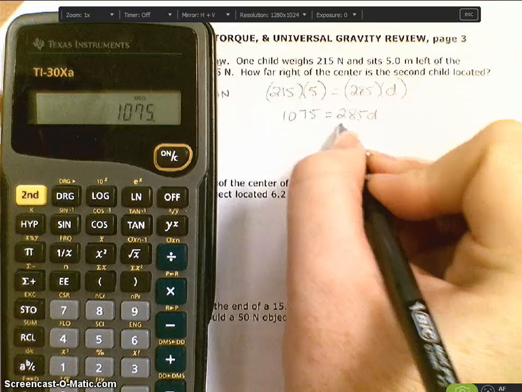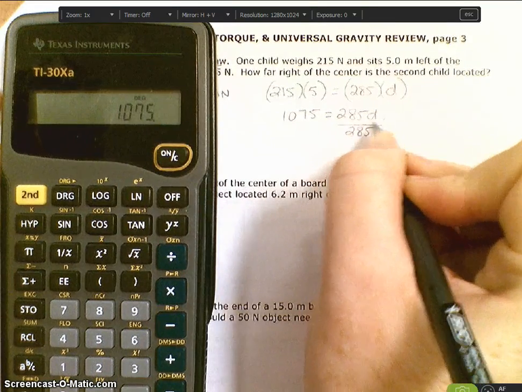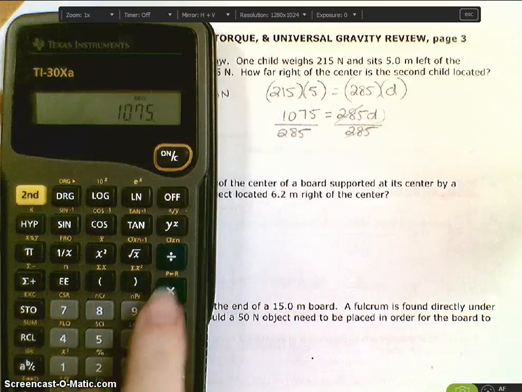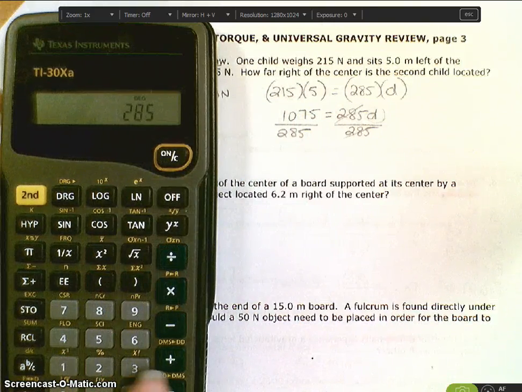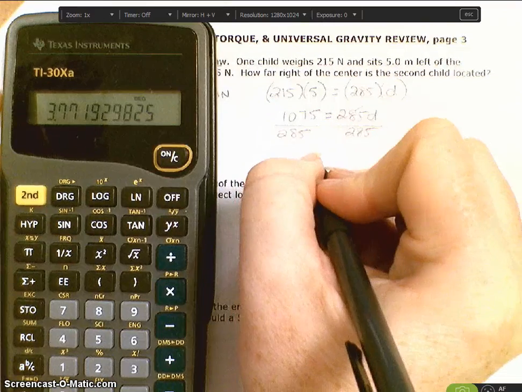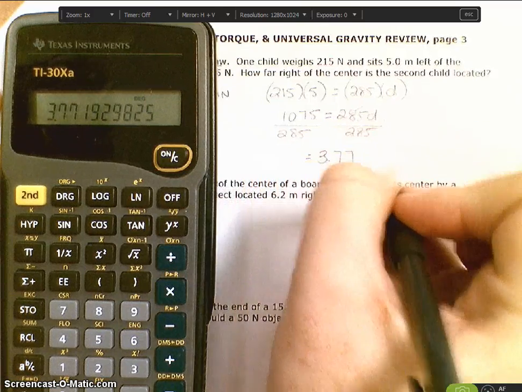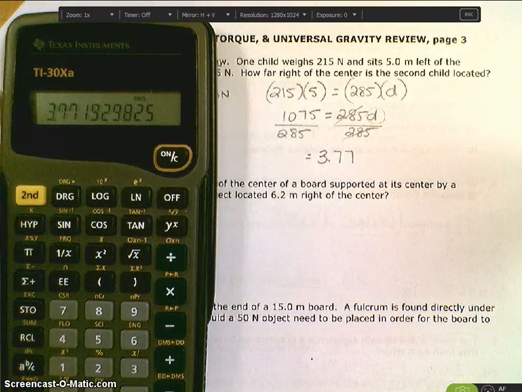We have to get D alone, so we can divide both sides by 285. When we do that, I get an answer of 3.77.